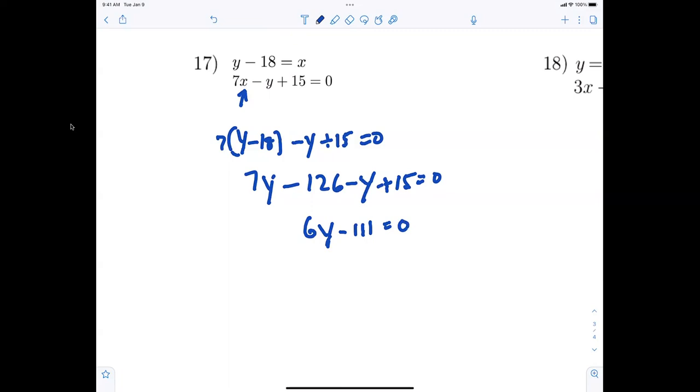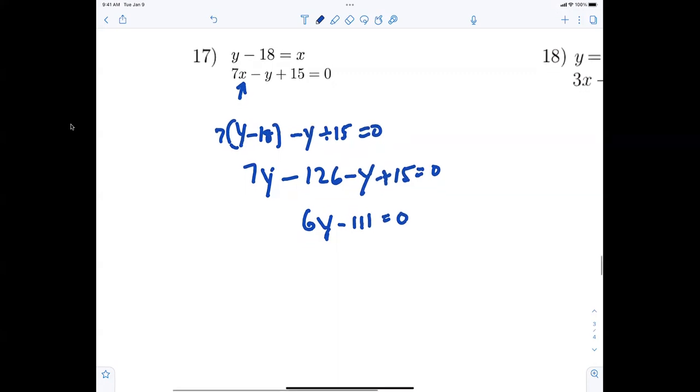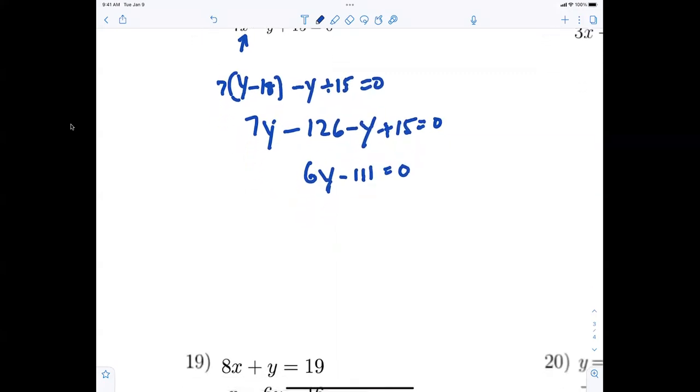Yeah, you reduce that correctly. Negative 126. Yeah, that's right. You combine them. Is it a fraction? 111 over 6 can be divided by 3.